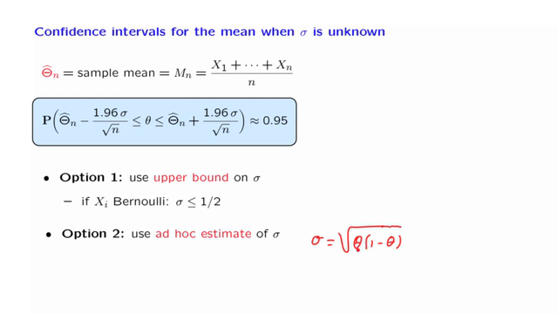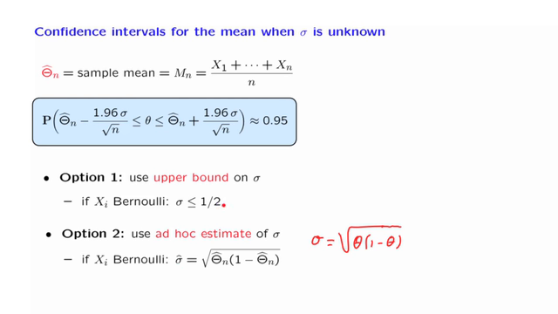And since we do have an estimate of theta, the sample mean, we can plug in that estimate, and that gives us an estimate of the standard deviation. When n is large, this estimate is going to be very close to the true value, and so this estimate of the standard deviation will also be very close to the true value.